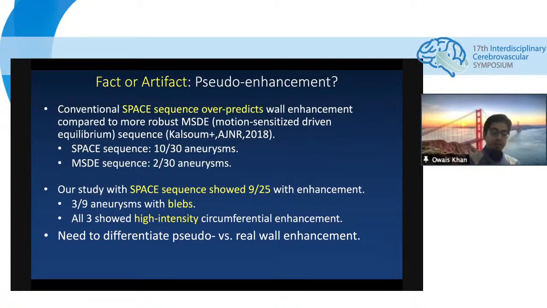So could it be that these bleb regions have very slow flow that can mimic what we see as enhancement? This needs to be further investigated so that we can better distinguish between aneurysm walls that are truly enhanced versus those that are just showing pseudo enhancement because of slow moving flow.